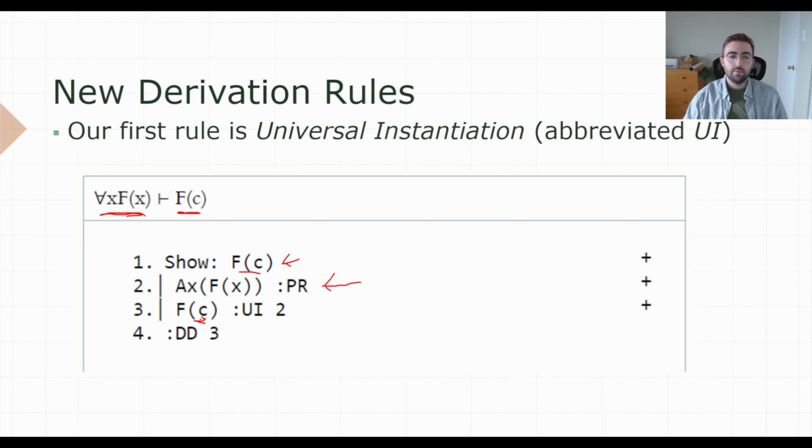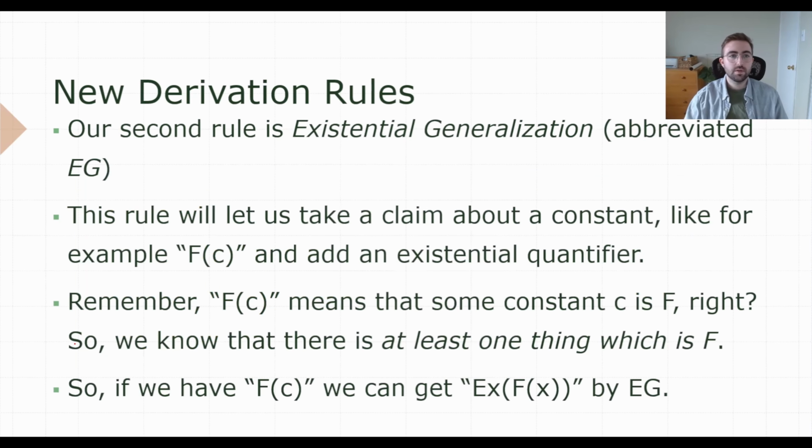So we just use the universal instantiation on line 2 to say, well, if all x's are f, then of course c has to be f, because c is one of the things that x could be, because x is a variable and c is a constant. And there you go. As usual, you get what you were trying to show, so you close a direct derivation. It is a direct derivation because we made it appear directly in the proof using a direct derivation rule. So there you go.